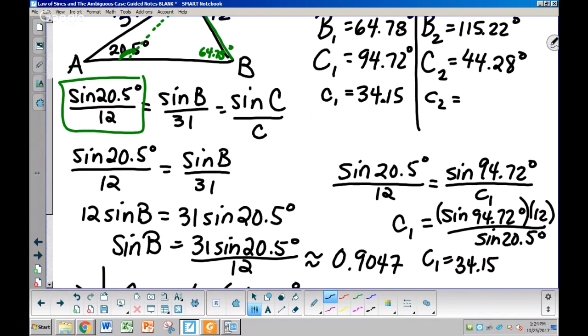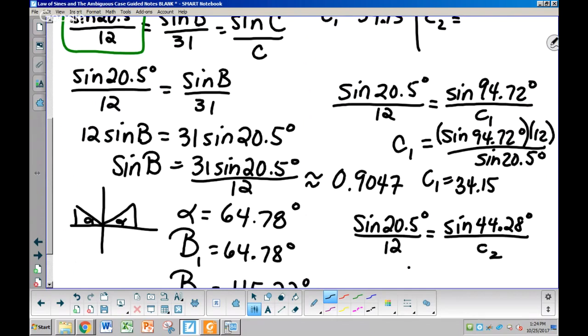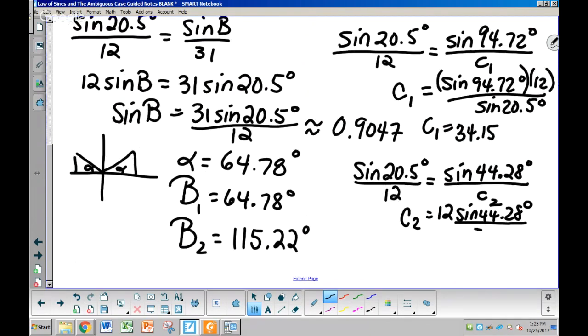Smaller. So I'm going to do the same calculation, except now I'm going to use 44.28. So we're going to say sine of 20.5 degrees over 12 equals the sine of 44.28 degrees over little side C2. Little side C2 is going to be 12 times the sine of 44.28 degrees over sine of 20.5 degrees.